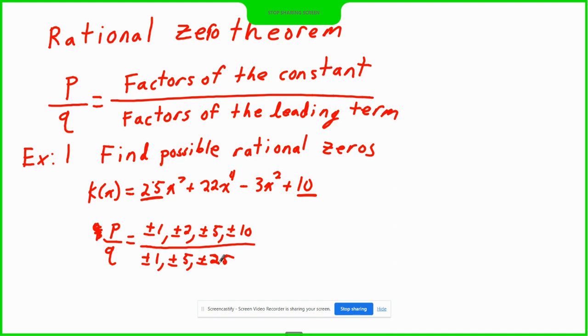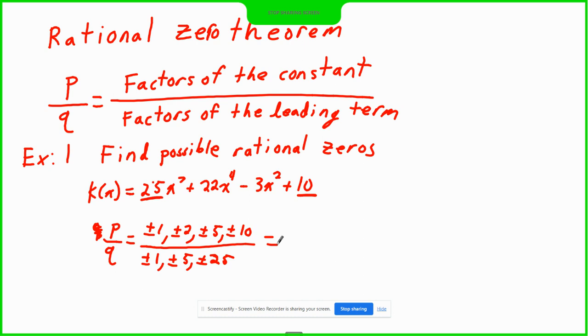Now this is where it gets really fun. You have to take this number and divide all of those numbers. Then we take the next one and divide all of those numbers, and we're not going to repeat any numbers. Ready for the fun? 1 divided by 1.